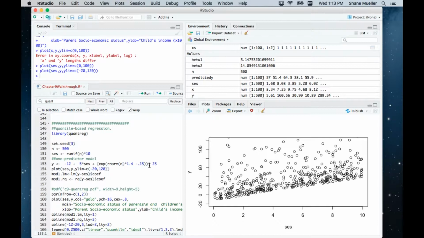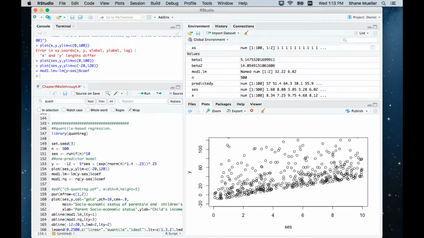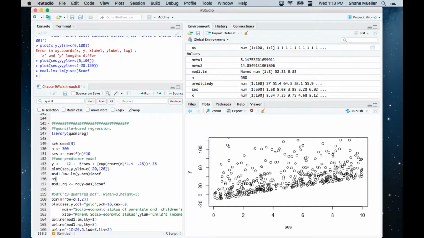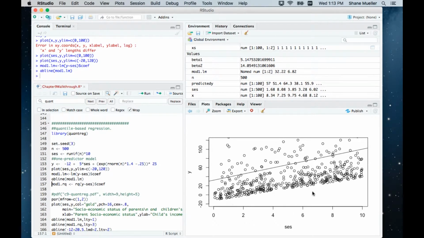Now, if I fit a linear model through this using exactly what we've done before, and then I do abline of mod1 lm, you can see that my best fit line is drawn up from the main sequence of the data. And maybe that's fine, because if it's being highly influenced by people who make a lot of money, maybe that's sort of what I want.